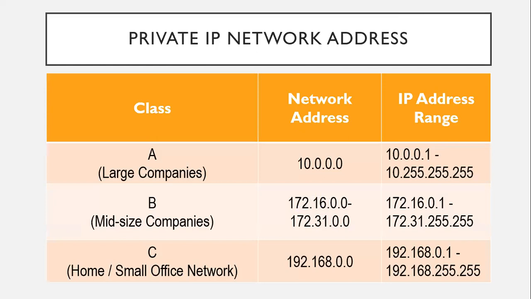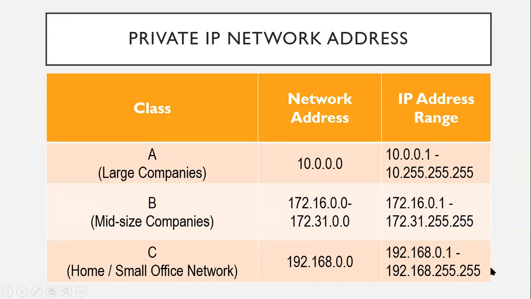There you go. These private IP network addresses are used for home or small office networks, this one is for mid-sized companies, and this is for large companies. Since the default in most home routers is Class C, we will work on this one.